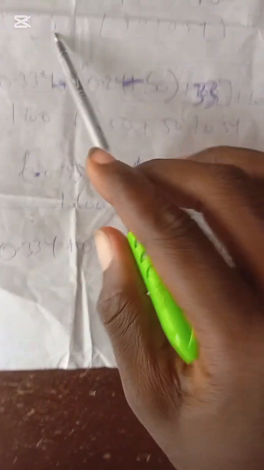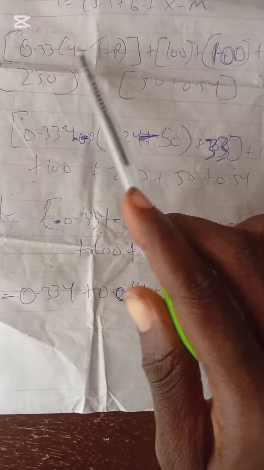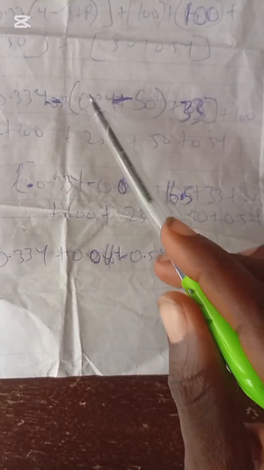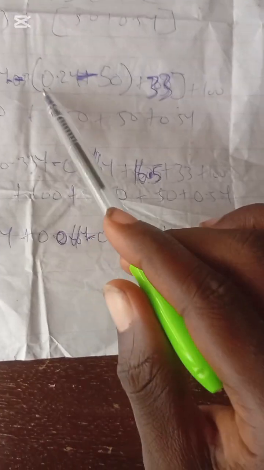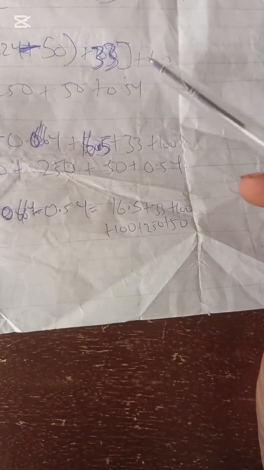So that is the correct part of it, because 0.33 times y is this, and 0.33 times the t, which was this, so it will times this and it will times this. If it times this it is 0.066, if it times this it is 16.5. The 0.33 will times r, which was 100, this 100.